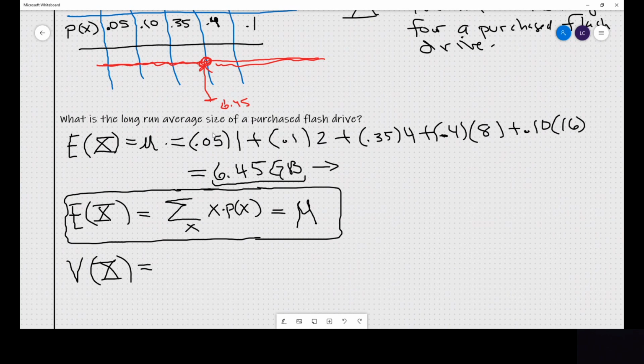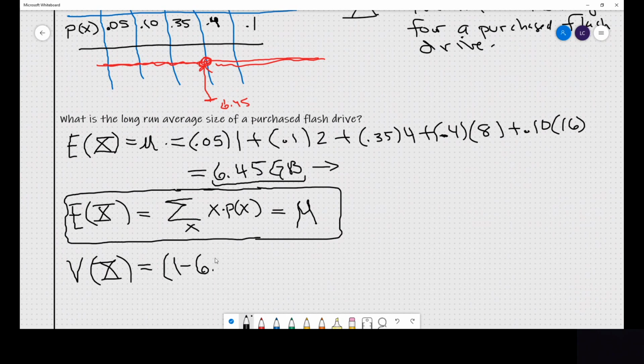So if this were higher, then we would want the difference between 1 and 6.45 to count for more. But since this is small, it's okay for it to only be 5%. So that's the idea: how was the spread, or the amount of variance, in this distribution, or how spread apart is it?